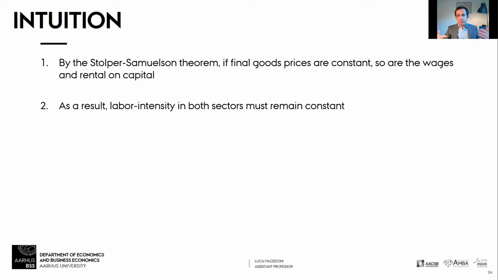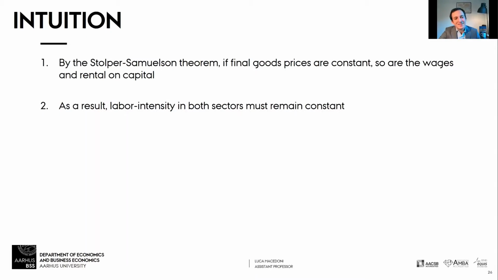Because if you change the labor intensity, if you say increase the number of workers per machine, then that's going to affect the productivity of labor and capital and therefore their wages and rental. But we've established by assumption, right, that the wages and rental are constant.